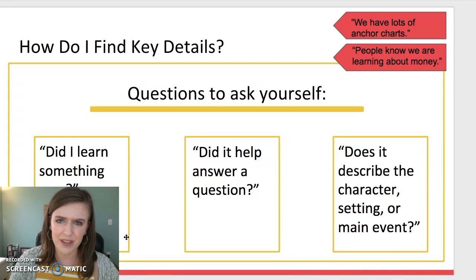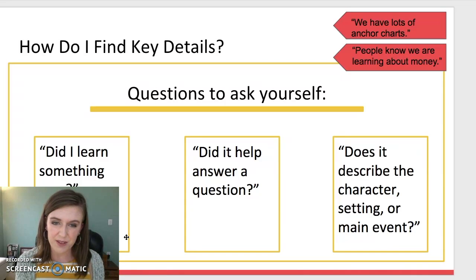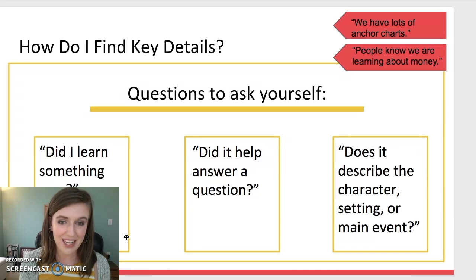Did it answer any one of those? Did it help you answer a question that you had about a certain character or something that they did? If so, it could be a key detail. And then, does it describe anything about the character, setting, or main event? Because when we find out more information about those main components of a story, it's pretty key.